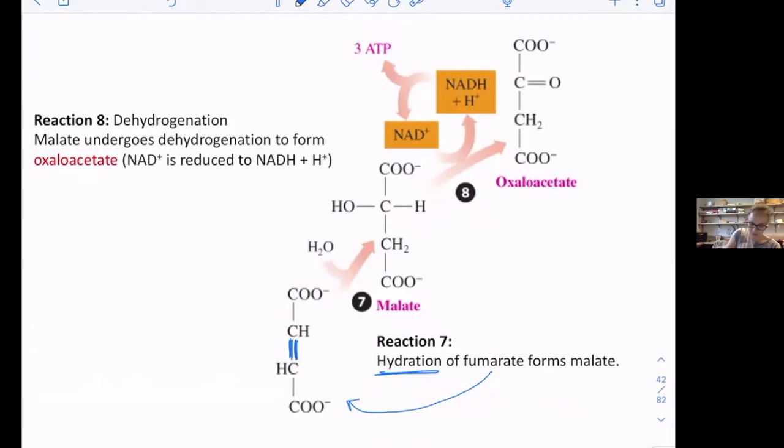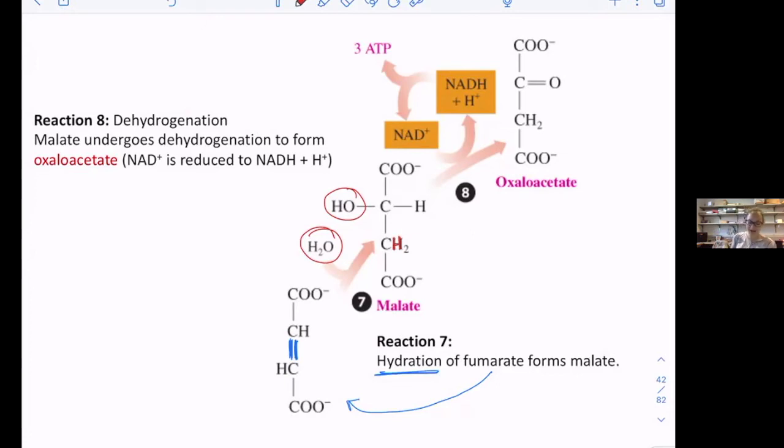Maybe we'll do a different color. One of these hydrogens, one of them, not both, and the OH across that double bond. We've done hydration reactions before, right? We learned that in chapter 12, maybe. I don't remember exactly which chapter, but we add water across the double bond.